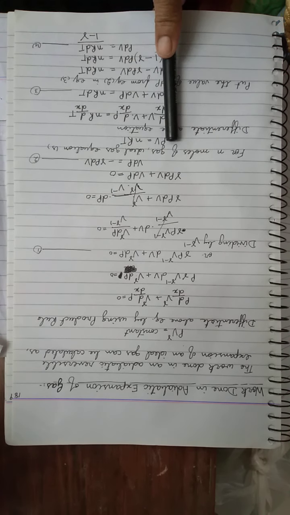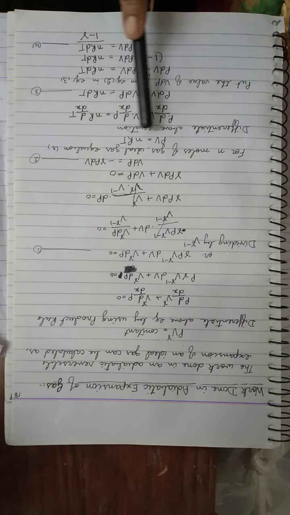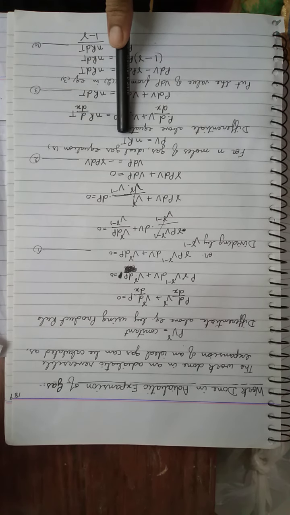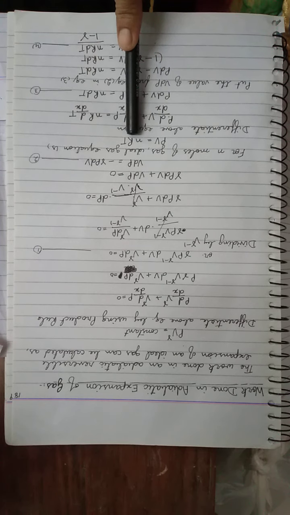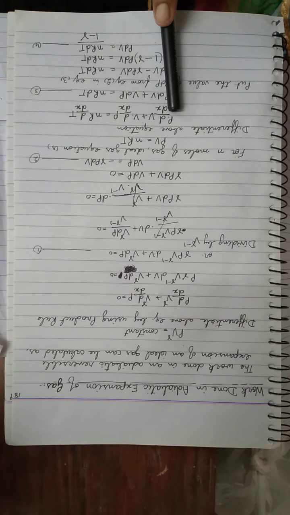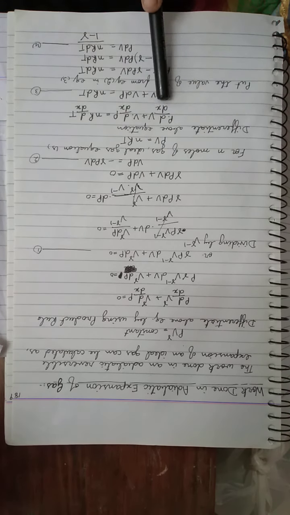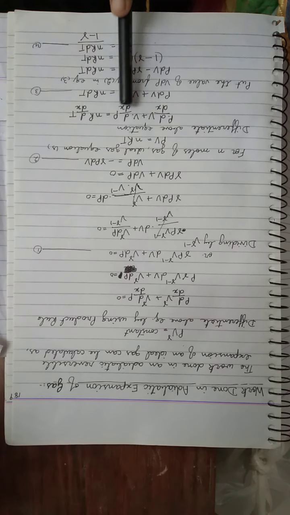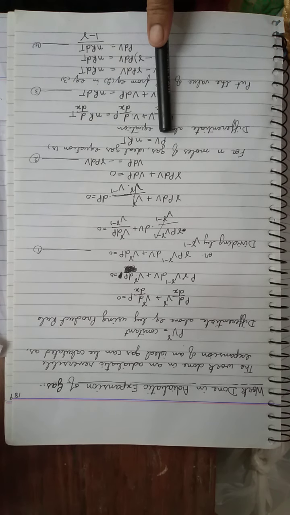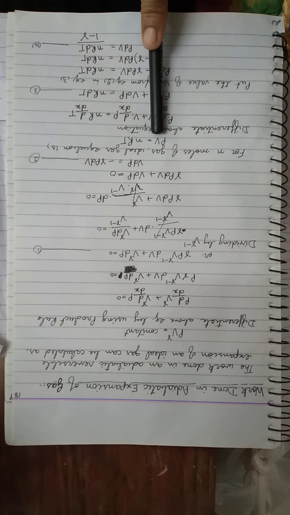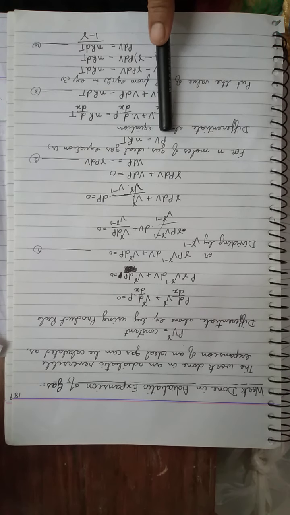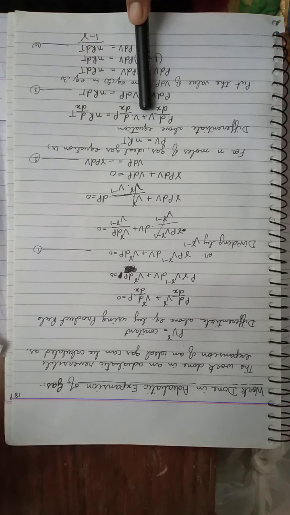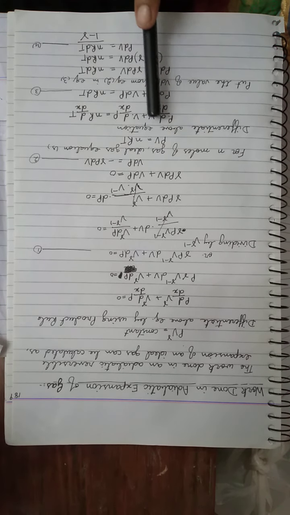For n moles of gas, the ideal gas equation is PV is equal to nRT. Differentiate this equation: P into d/dx of V plus V into d/dx of P. When two values are multiplying in differentiation, we will write in addition form, so we will put a plus sign between these two values.